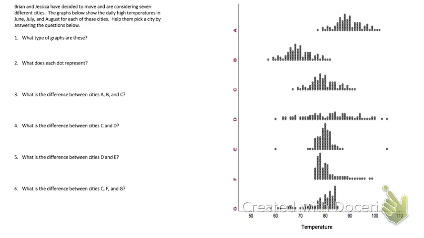First of all, what type of graph are these? We've already said that. Dot plots. Each graph has about 90 dots. Can somebody tell me what each dot represents? It is one day's daily high temperature.